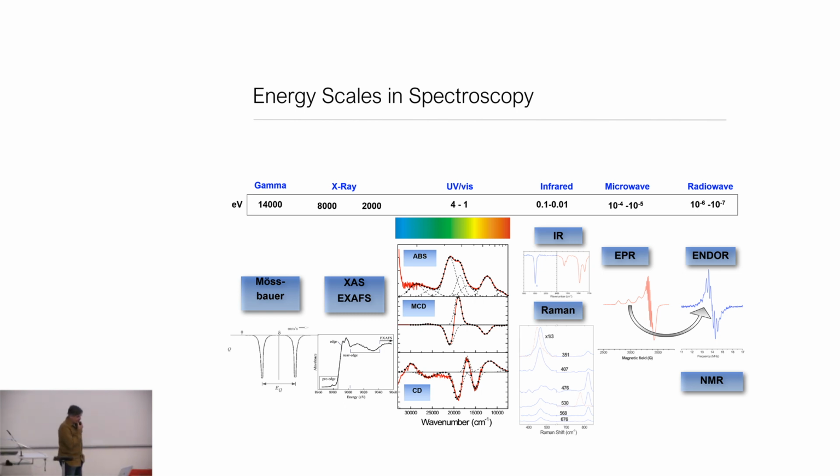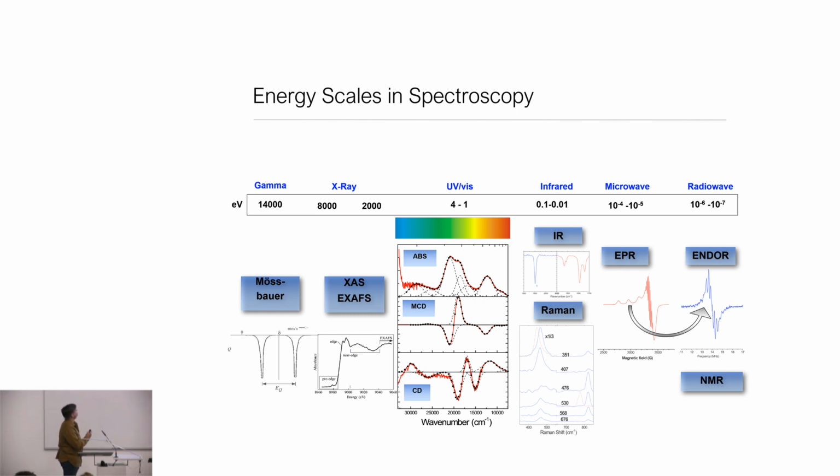So I think in order to get started on spectroscopy, it's very important to understand the energy range of the photons that are involved, right? Because in every energy range of photon, there are different molecular phenomena that are triggered, and there is an energetic hierarchy. And so in order for spectroscopy to not get chaotic, I think it's very good to use the energy of the photons that are involved as a guiding principle.